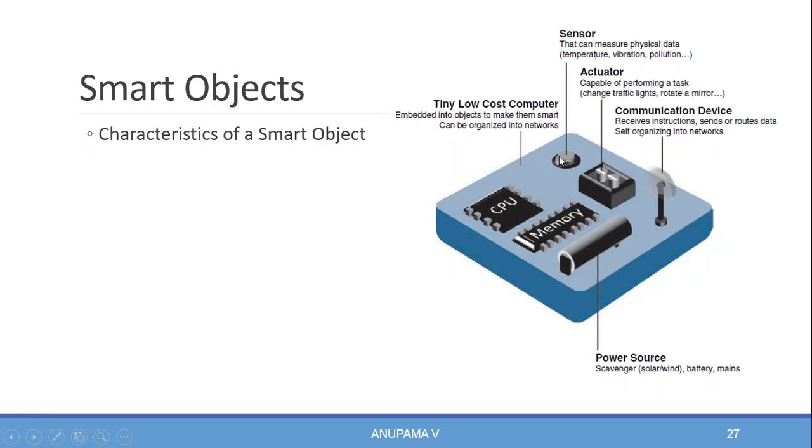A sensor can be any type of sensor which I have already discussed, maybe temperature, vibration, pollution sensor, etc. Then it will have an actuator or a set of actuators which are capable of performing tasks based on the sensory data. That is, with a temperature sensor, based on the temperature the actuator will act. Examples: traffic lights, rotating a mirror, etc.